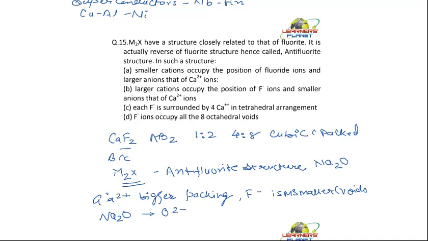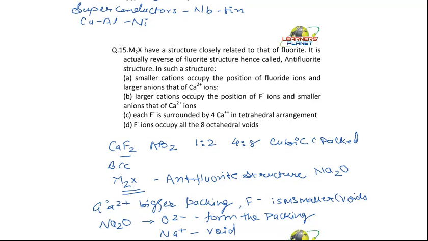So what will happen? Oxide ion will form the packing and Na+ will be present in the void. So which will take up the position of calcium over there? Oxide ion. Now, smaller cations occupy the position of fluoride ions and larger anions occupy the position of calcium ions.